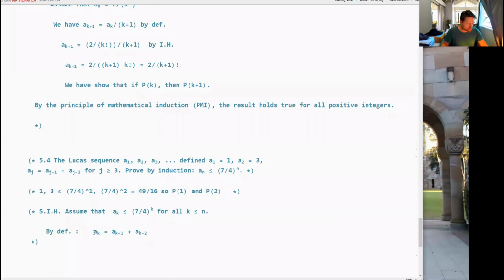Okay, so the definition now, I want to use a k because I'm going to rely on the induction hypothesis at this point. So this is less than or equal to, and what we have here, because this one is less than or equal to 7/4 to the power of k minus 1, so put that up here, and then the next one, 7 over 4 to the power of k minus 2.